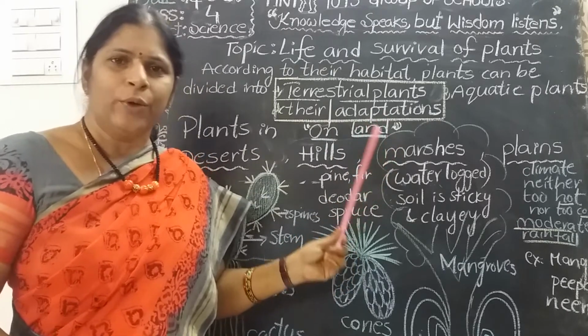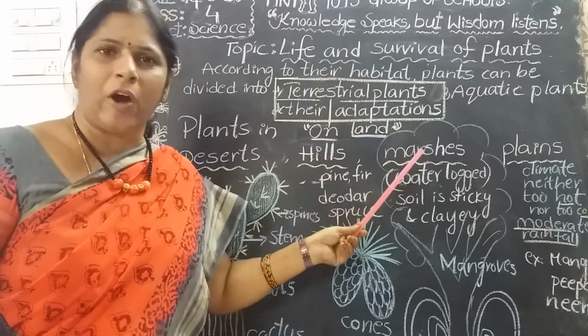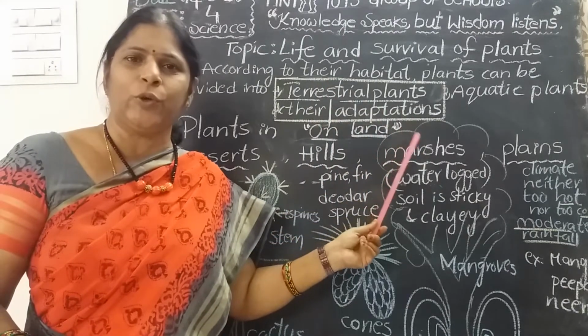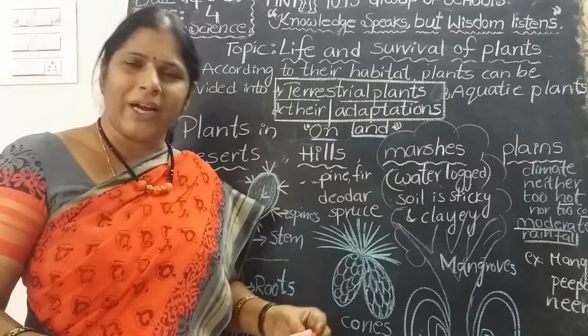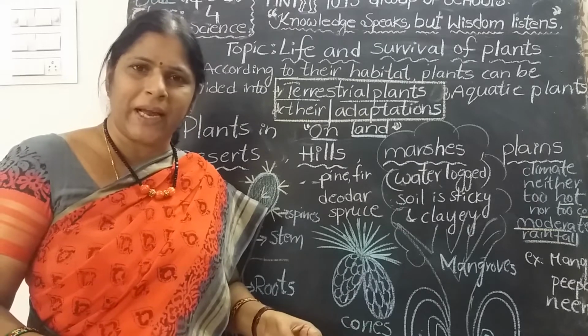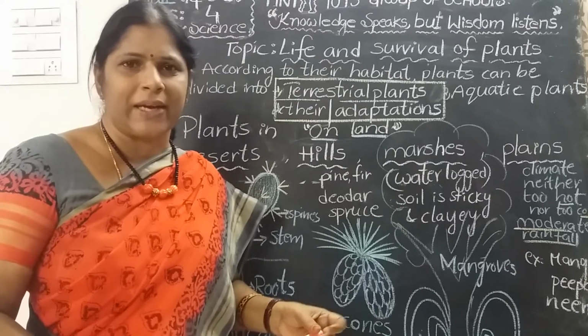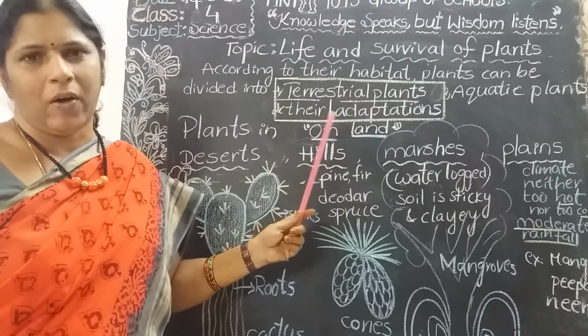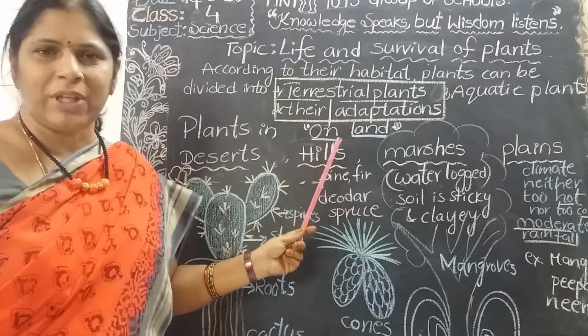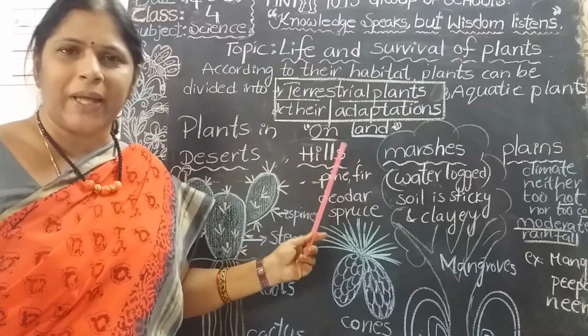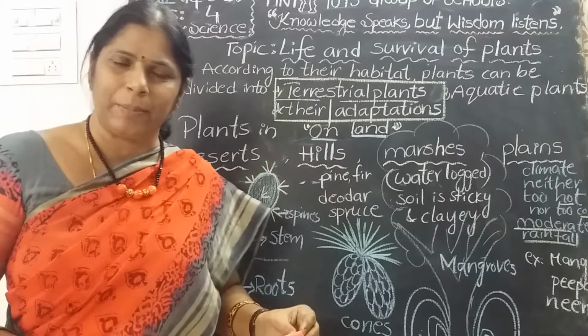Is it clear? According to their habitat, plants can be divided into two major groups. What are they? Terrestrial plants and aquatic plants. Terrestrial means on land. Most plants live and grow on the land and are called terrestrial plants.